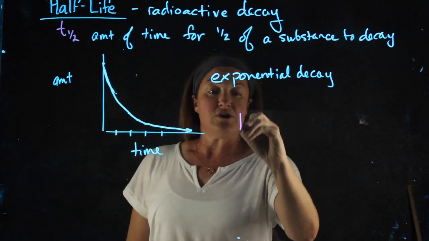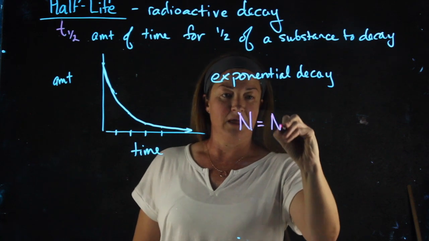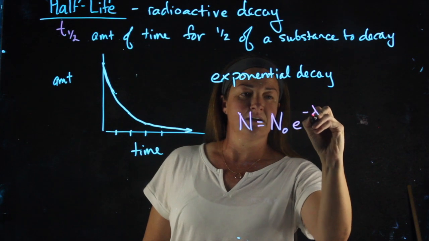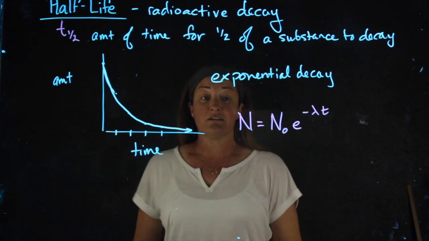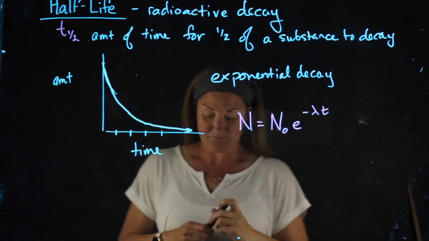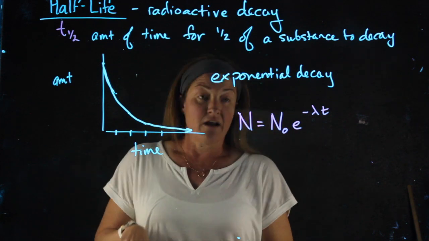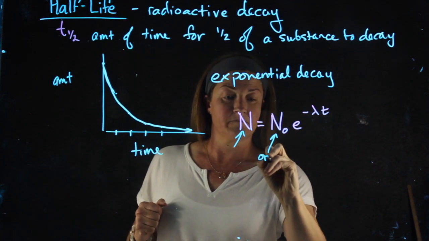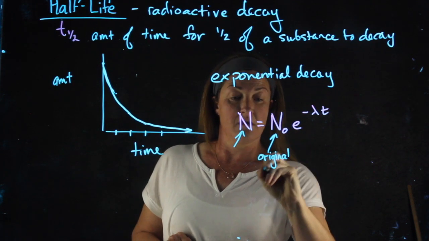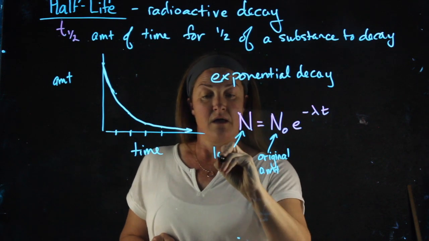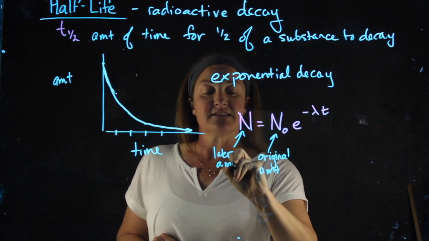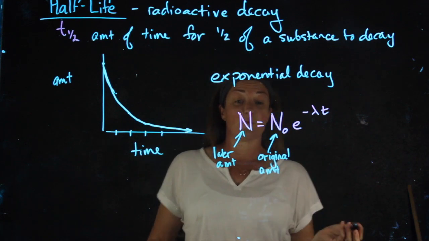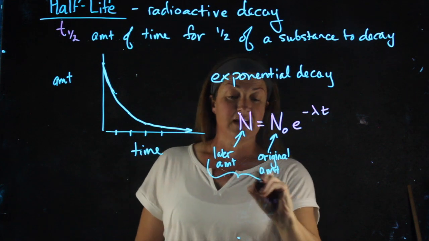Mathematically, we would use this equation to describe it. N equals N naught e to the negative lambda t. Clearly, I'm going to need to define some variables here. N and N naught are the original amount and the later amount. Because this is something that's on both sides of the equation, it can be in any units we want as long as we're consistent on both sides of the equation.